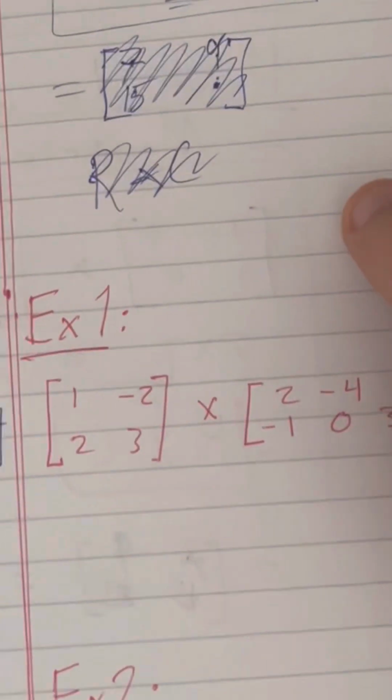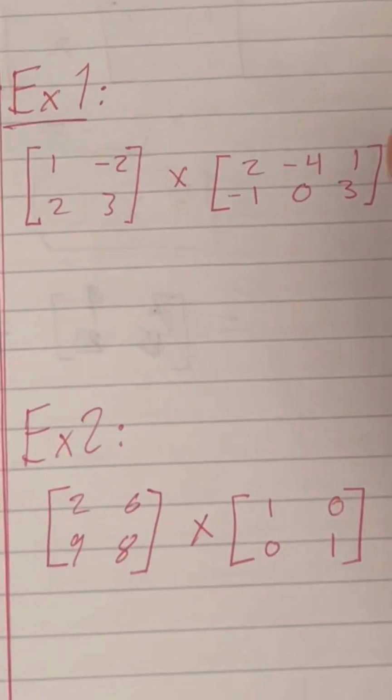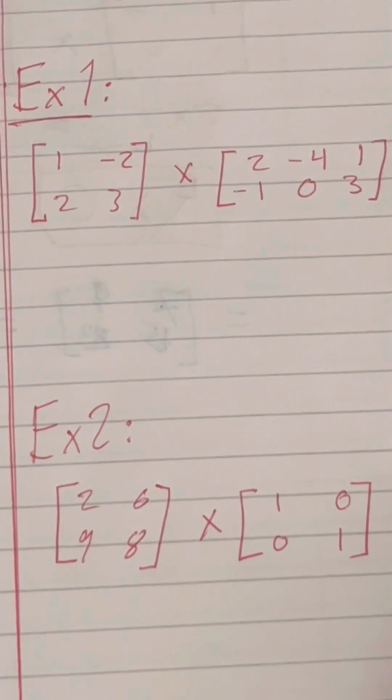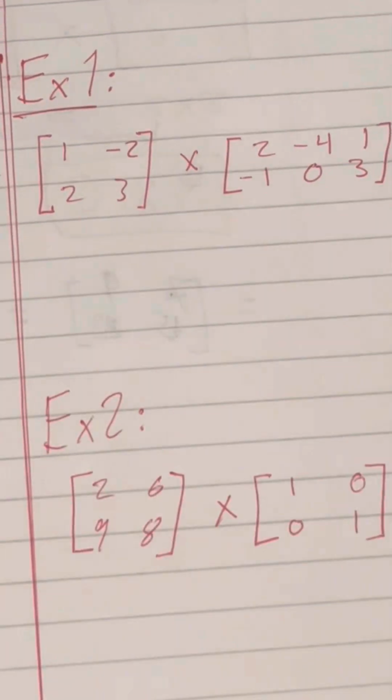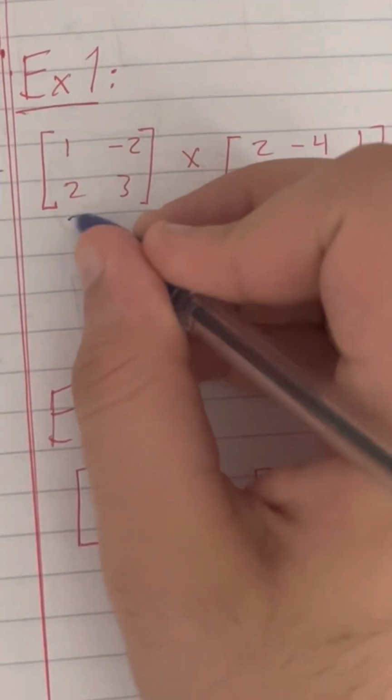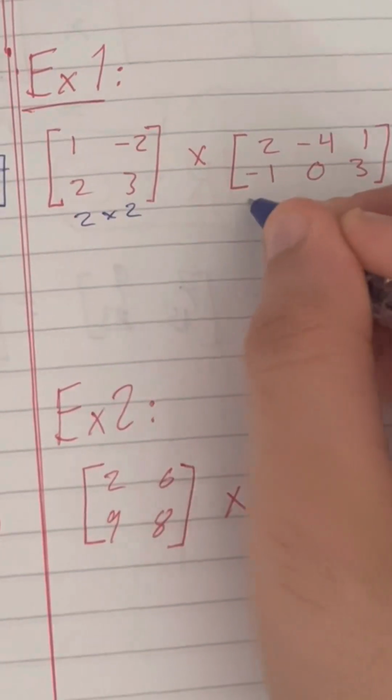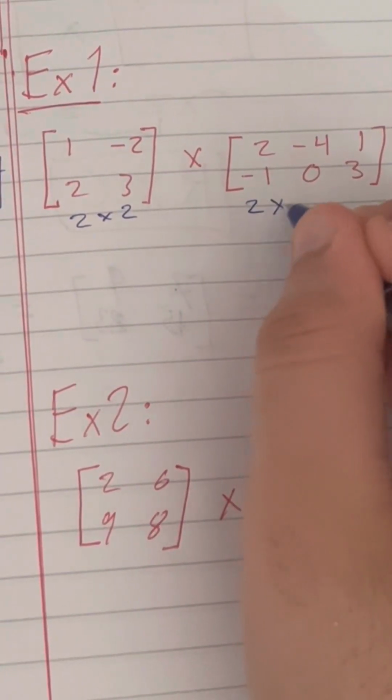I have some more examples here for us to do. So we can try out these examples. So we have 2 matrices here. This one's a 2 by 2 matrix, and this one's a 2 by 3 matrix. Can they multiply?